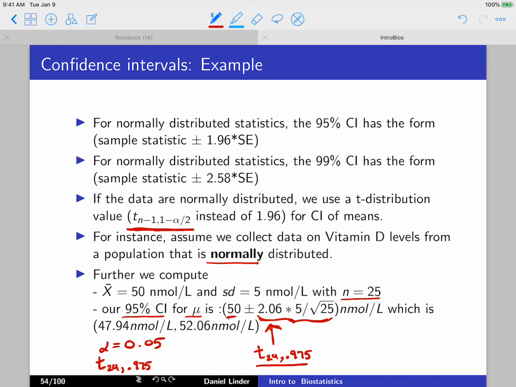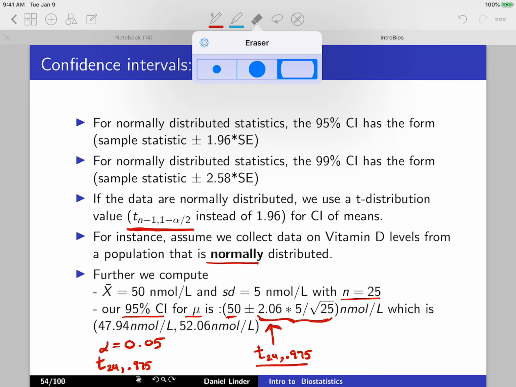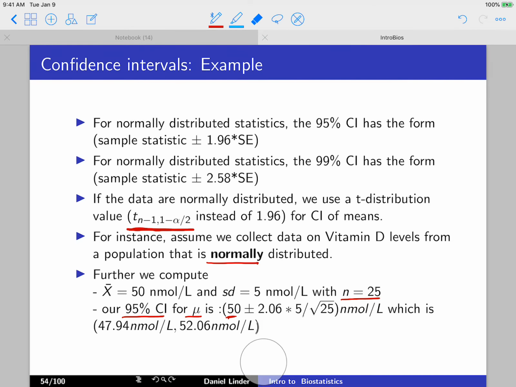So what we see here from this simple data example is the 95% confidence interval for our population mean vitamin D levels is within this range, and this works out to be a confidence interval with lower endpoint 47.94 nanomoles per liter, and upper endpoint of 52.06 nanomoles per liter.